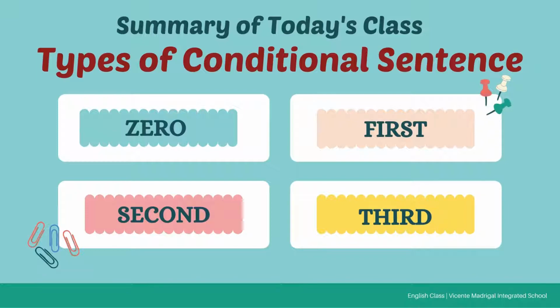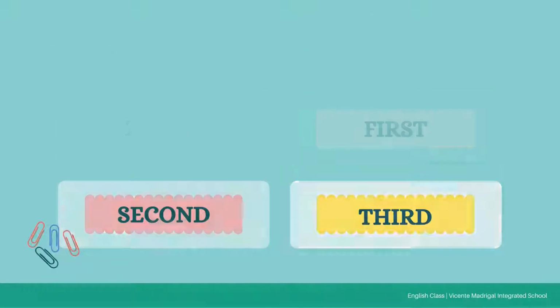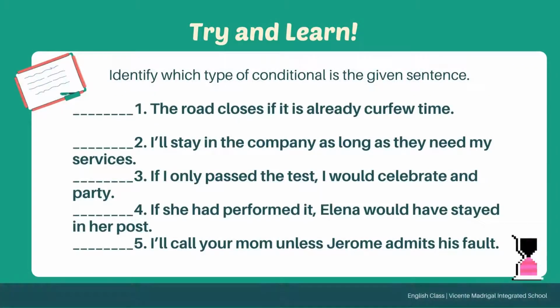Now that you have learned it, let us do a simple practice. Are you ready? Practice what you have learned by identifying the type of conditional used in each sentence. You may start now.